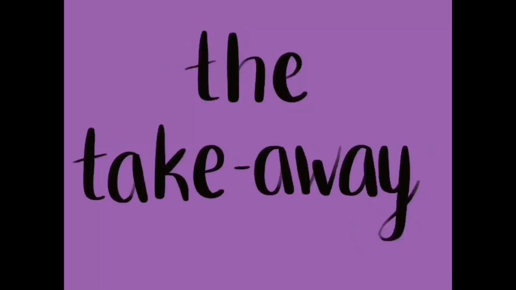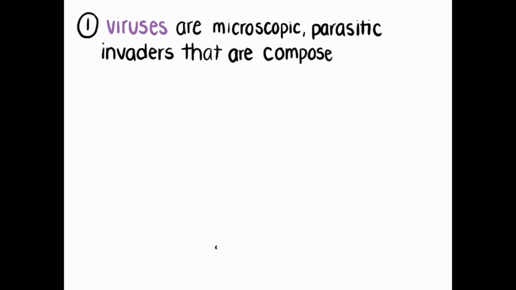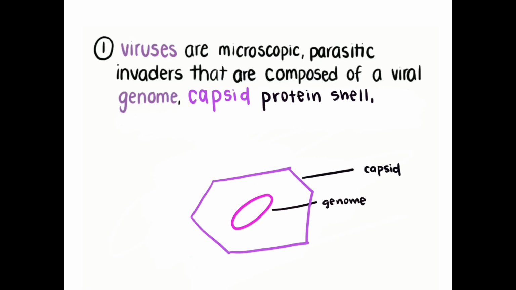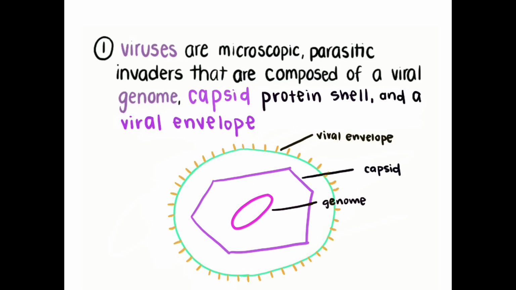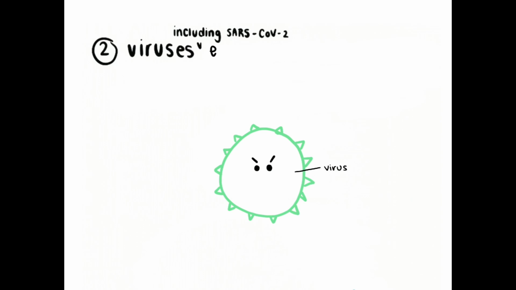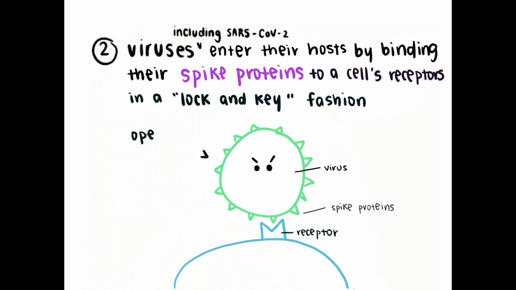So, what's the takeaway from today's episode? 1. Viruses are microscopic parasitic invaders that are composed of a viral genome, capsid, protein shell, and sometimes a viral envelope to establish infection. 2. Viruses, including SARS CoV 2, the virus responsible for our current pandemic, enter their hosts by binding their spike proteins to a cell's receptors in a lock and key fashion. 3.